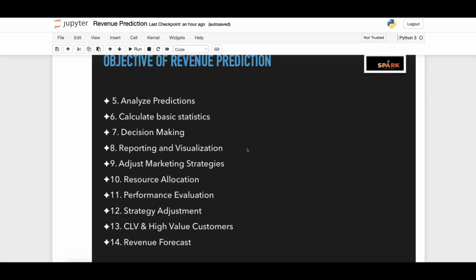Then we come to the next step, that is adjust market strategies. This step basically involves modifying the marketing tactics based on revenue prediction. We need to analyze how to optimize the customer engagement, and in one sense we would need other data sets also to make sure we have the conversion rates data. So when we talk about the optimization, we're basically talking about the conversion rate optimization for the campaigns, right?